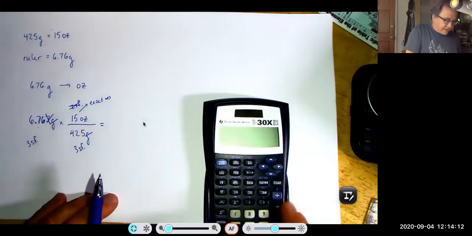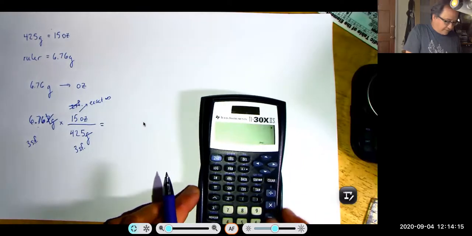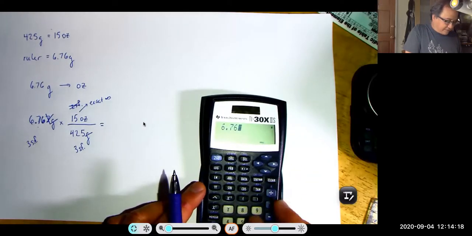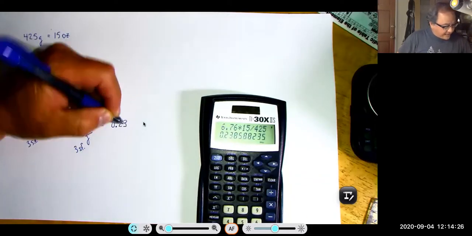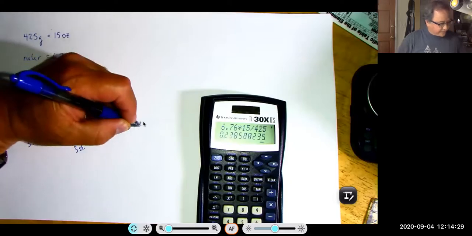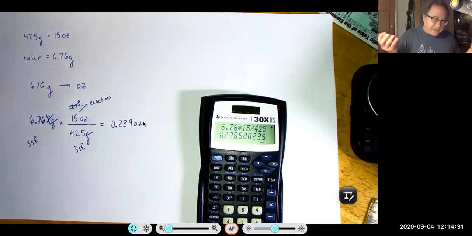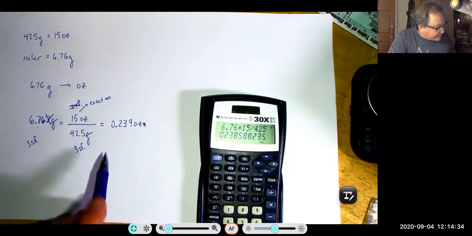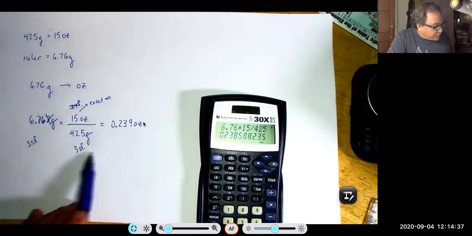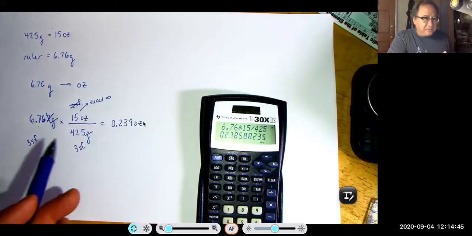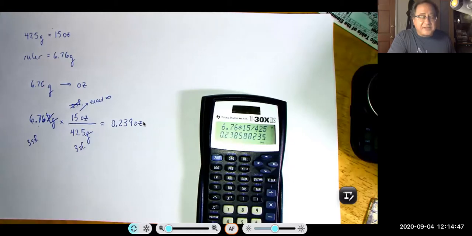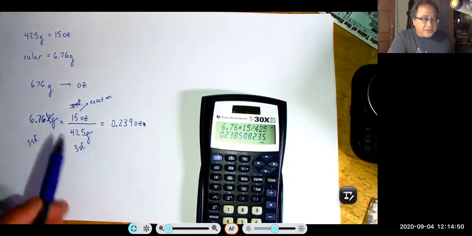So I plug these numbers into my calculator, 6.76 times 15 divided by 425, and we get 0.239 ounces. And so my estimate of about 0.25 was not too bad. I have 3 significant figures because with these food conversions, the one that has more significant figures is how we limit the significant figures in our answer, plus the other number is considered to be exact.